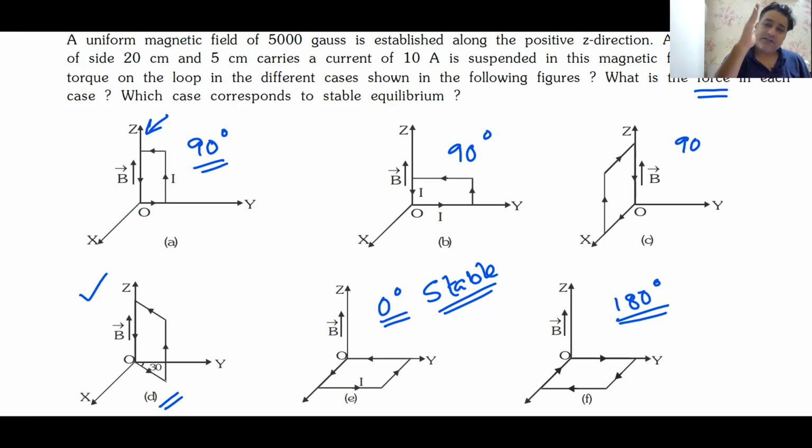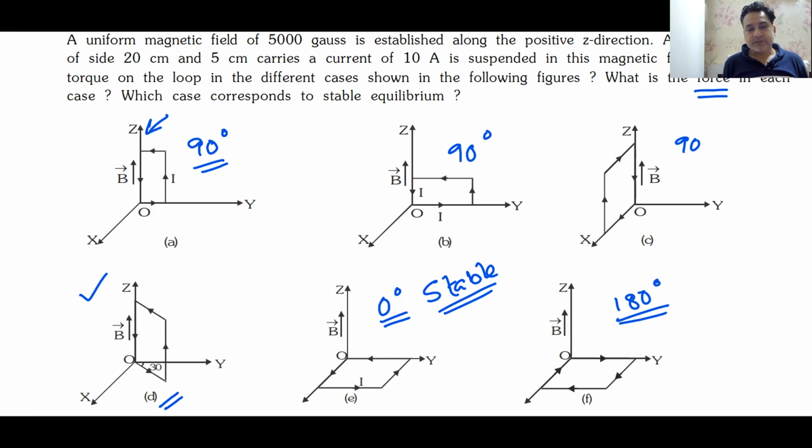But if I turn it by an angle of 30 degrees, what will happen? If this is the original area vector coming along plus x, it will turn like this. You just find out the angle between the area vector, or magnetic moment, and the magnetic field. That is the only thing that you will have to understand. You got this? Yes or no?